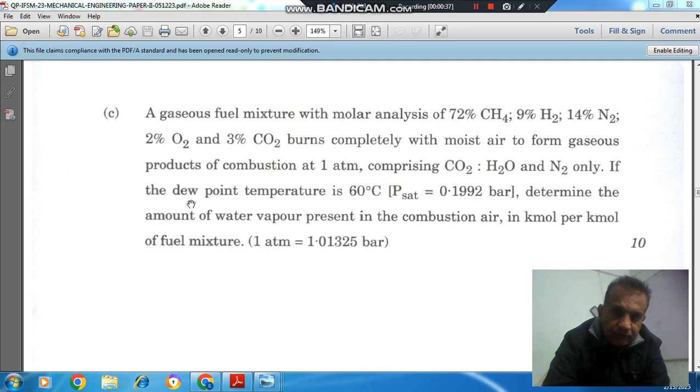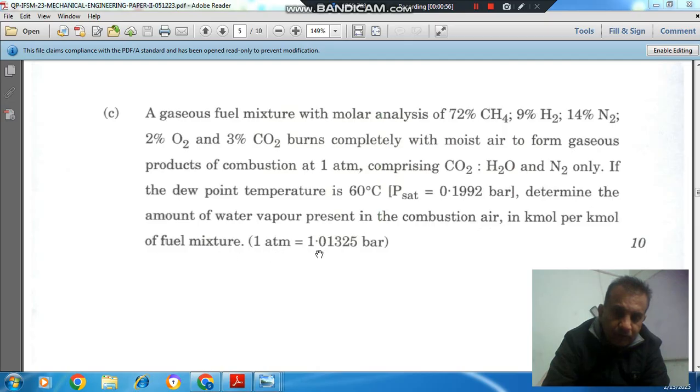If the dew point temperature is 60 degrees Celsius, P saturation is equal to 0.1992 bar. Determine the amount of water vapor present in the combustion air in kilomole per kilomole of fuel mixture.